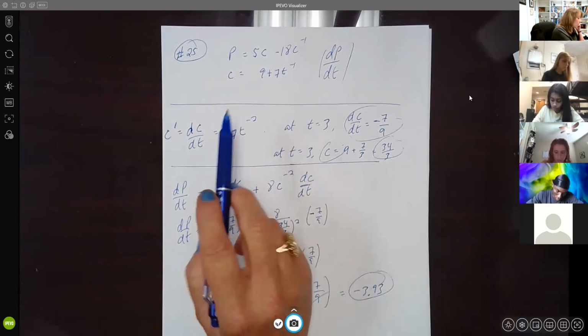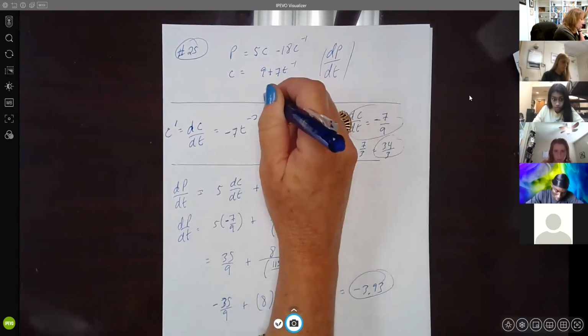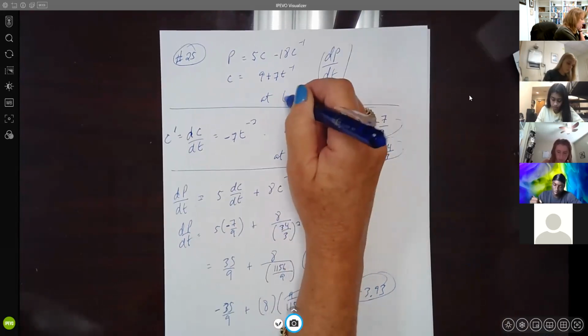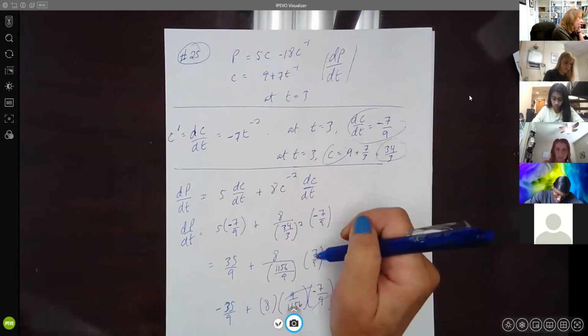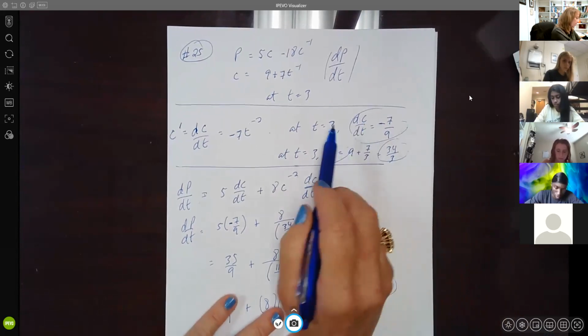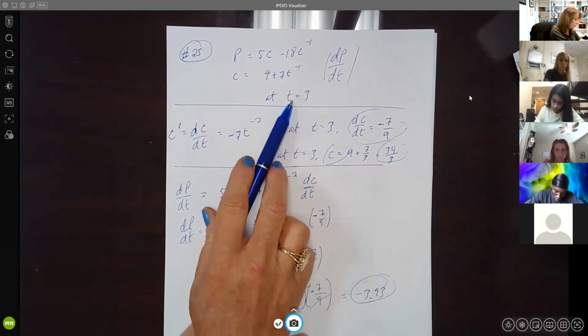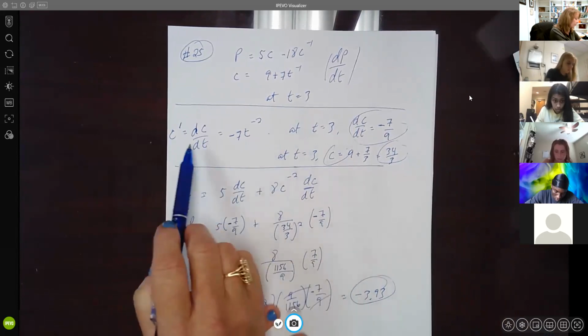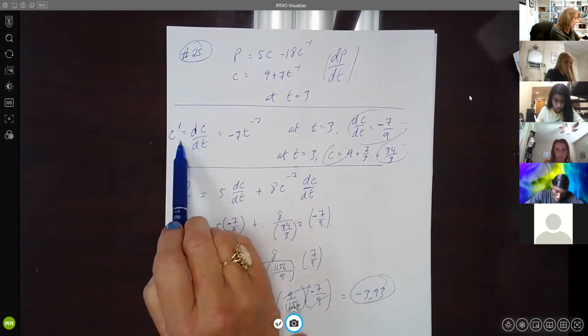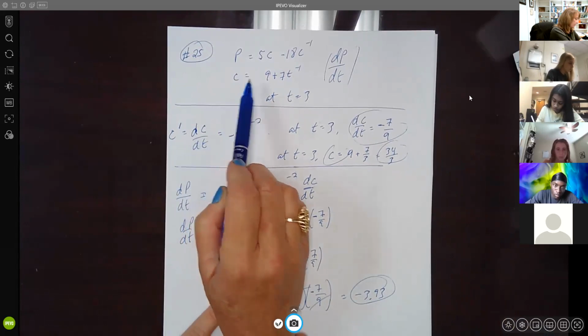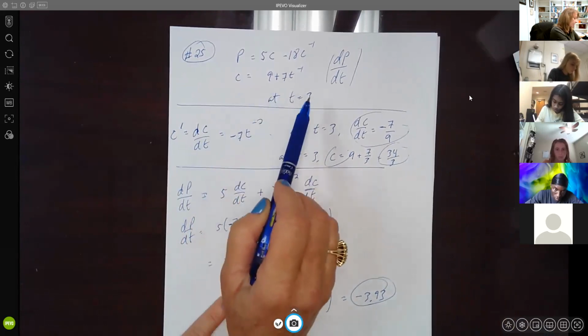We wanted to know at t equals 3, at least that was in the problem that I had here. Using this is going to make it easier if we put this in after we differentiate, but before we put it all together. Okay, so C prime is dC/dt.